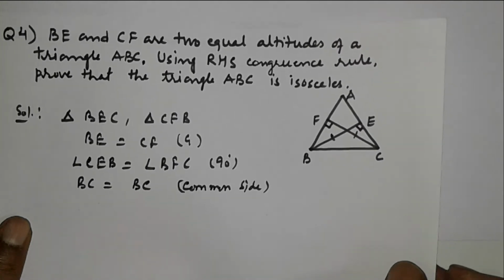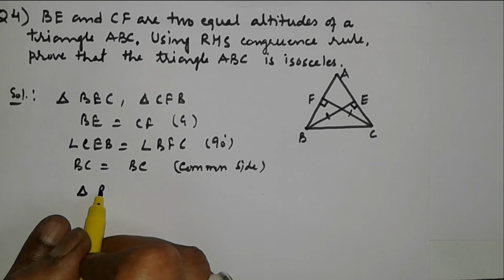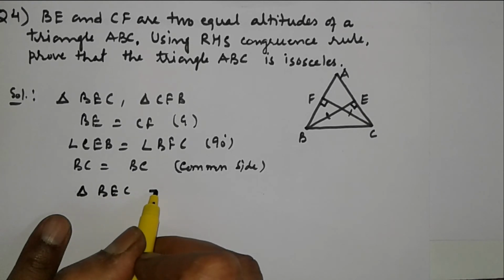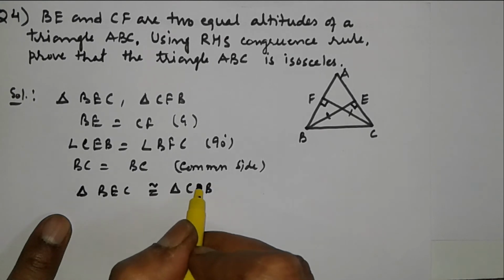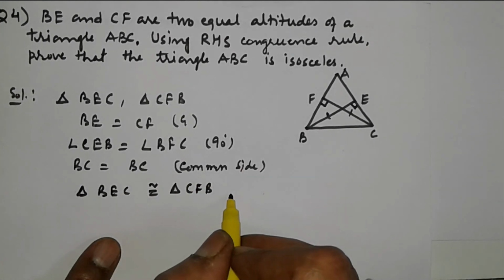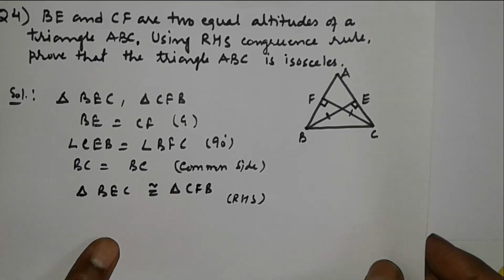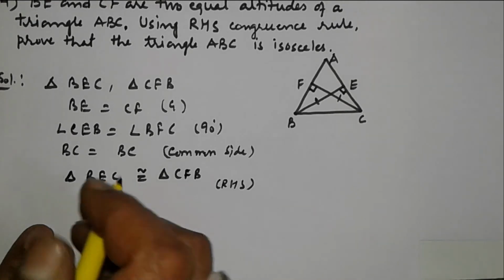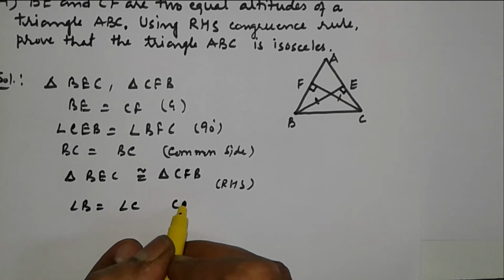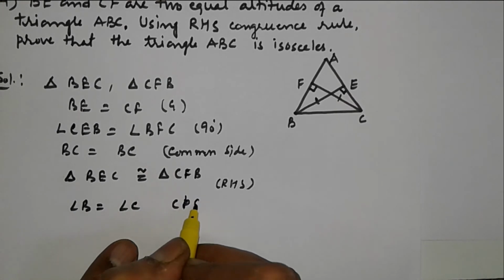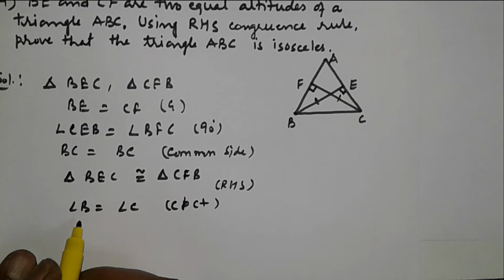Therefore you can write triangle BEC is congruent to triangle CFB by RHS. If these two triangles are congruent by the RHS rule, then angle B is equal to angle C by CPCT.